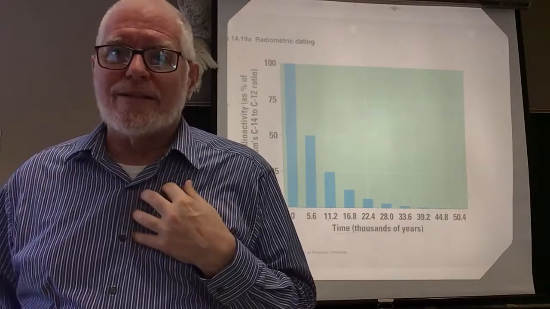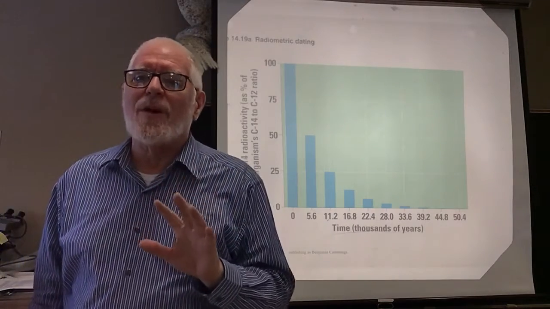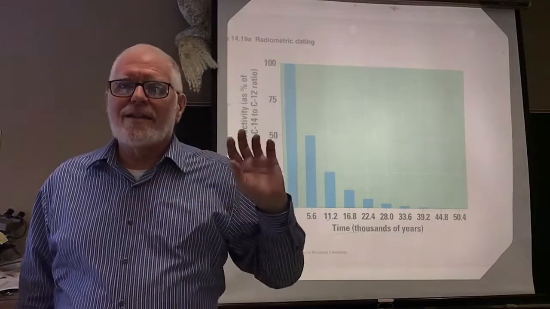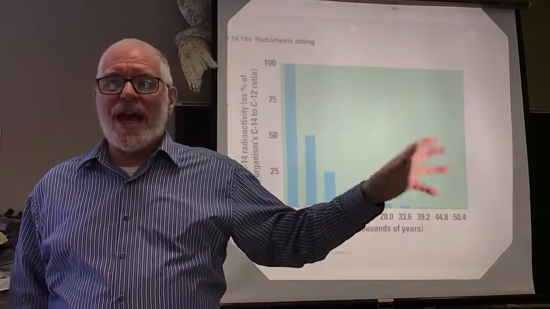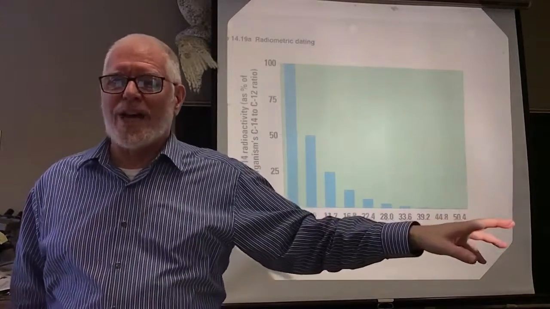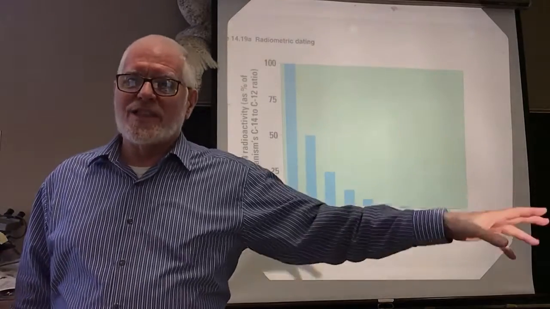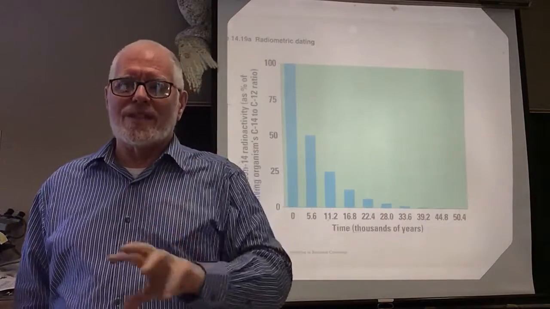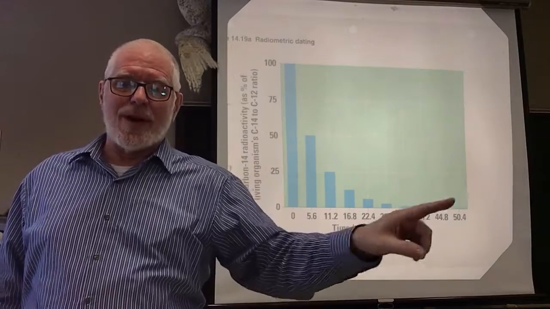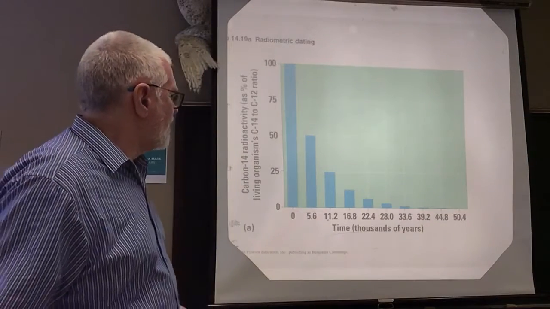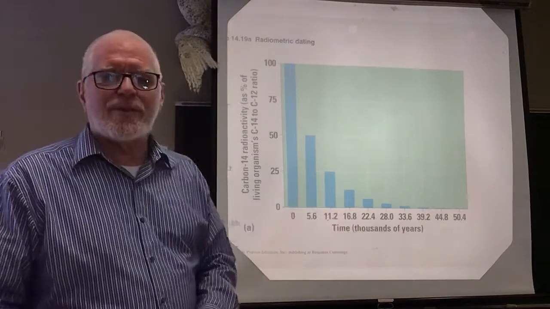I don't have a lot of it, but I have a predictable amount. In about 6,000 years, there'll only be half of it left. Another 6,000 years, there'll be only half of that left. And another 6,000 years, there'll only be half of that left. So you can see, it's dropping off. This is thousands of years.